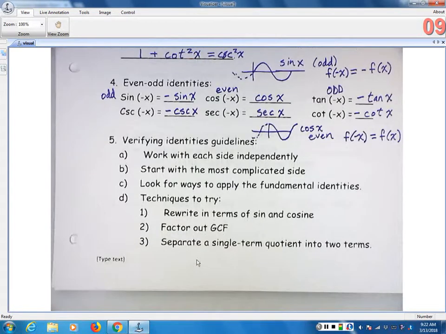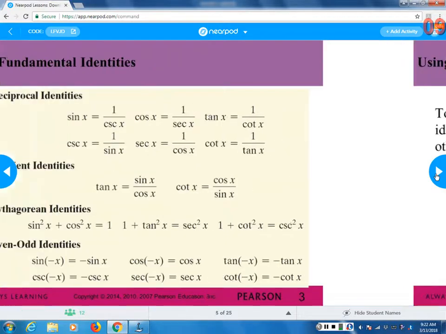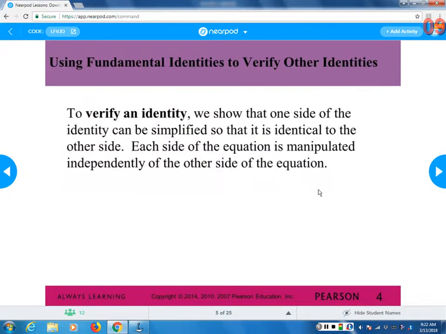So here's the guidelines. To verify an identity, we're going to show that one side can be simplified so it's identical to the other side. We're going to manipulate each side of the equation independently of the other side.